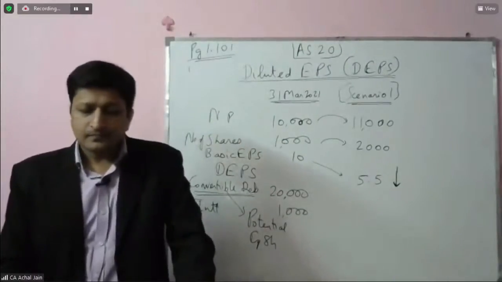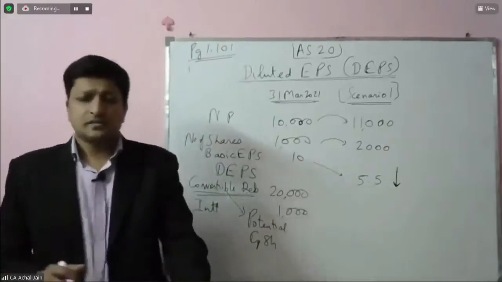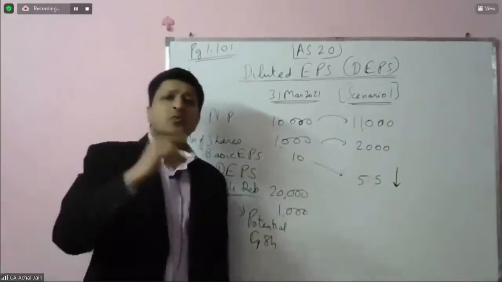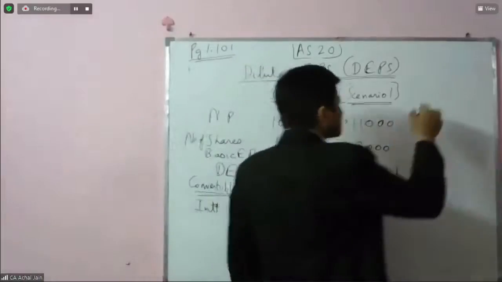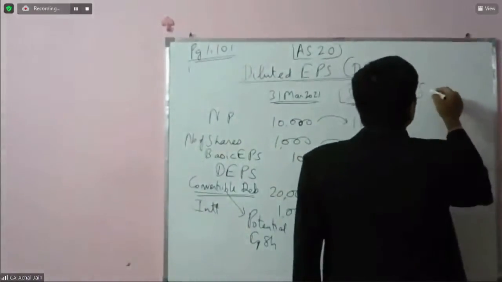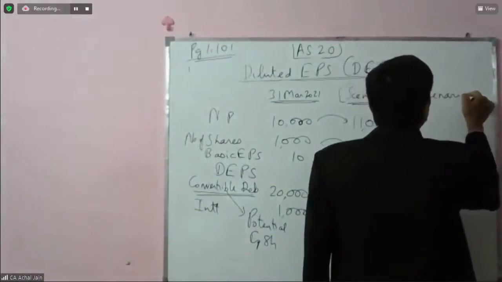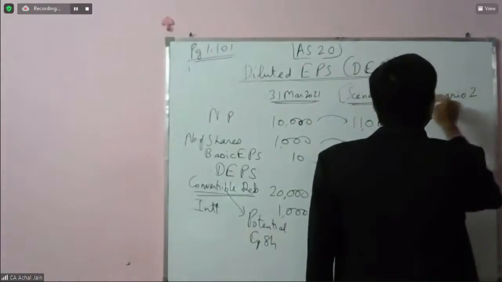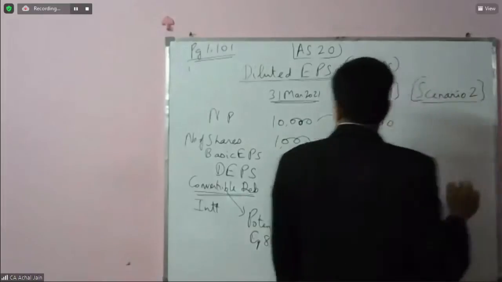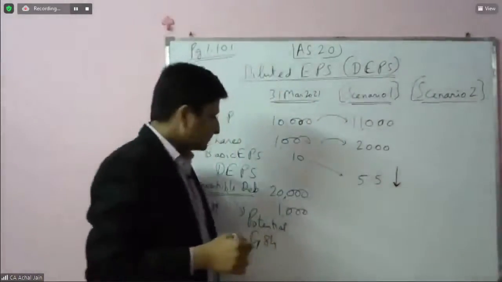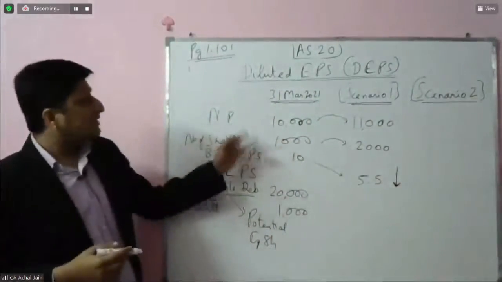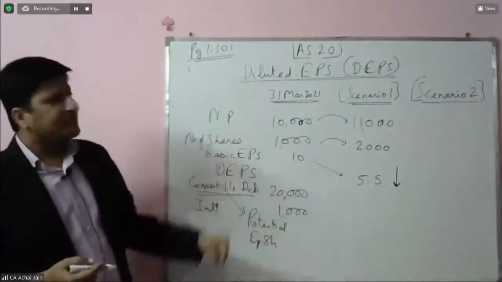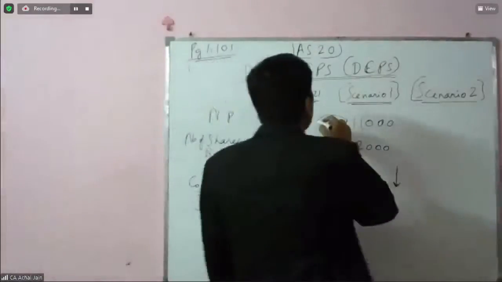Understood about diluted EPS. Now, I'll take one more scenario. Let's suppose this conversion happens, and the profit which gets added is 1,000.